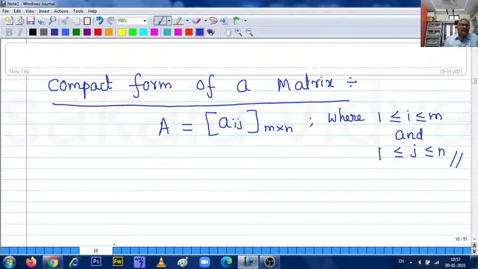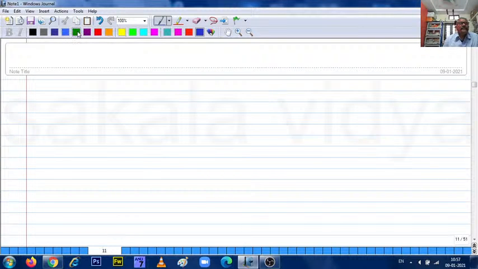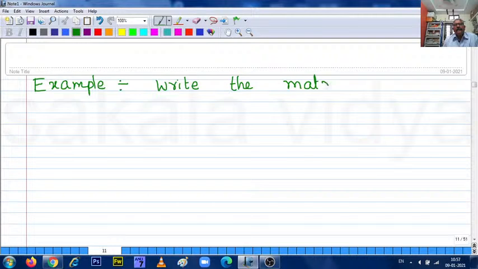Okay, one example I will discuss. Write the matrix A is equal to Aij is 2 by 3. 2 by 3 means 2 rows and 3 columns.